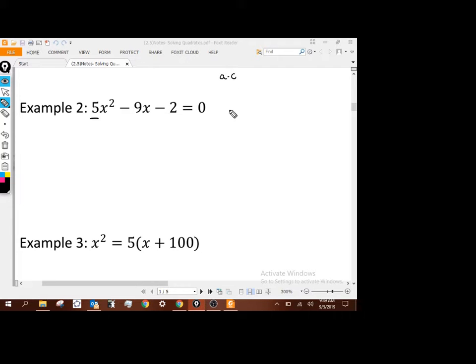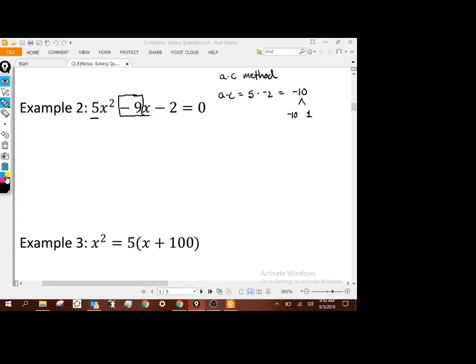Okay, so the AC method says take A times C, which in our case would be 5 times -2, and that gives you -10, right? Now I'm looking for two numbers that multiply together to give me -10, but add to give me that number right there. -10 and 1.